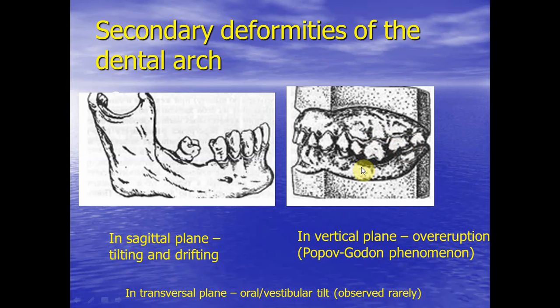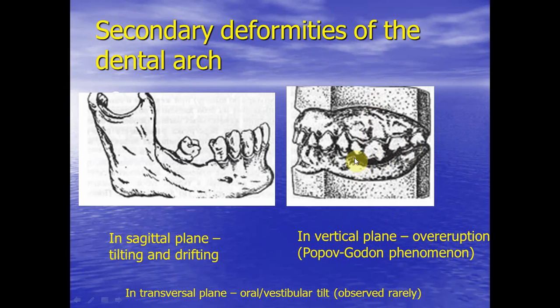Sometimes we see the tooth which is coming together with its periodontium and bone. So this makes the treatment even more complicated in many cases. So Popov-Godon phenomenon, we'll talk about it soon, is the most common kind of displacement, and this comes in the vertical plane.